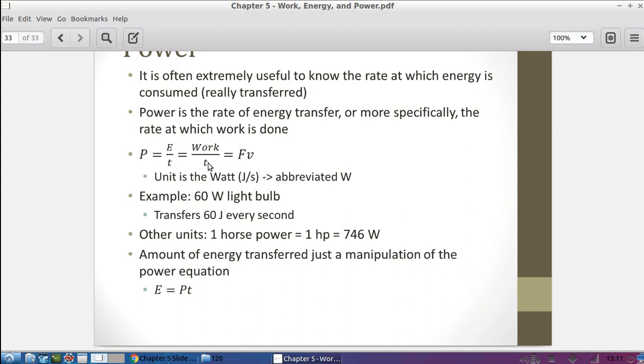Sometimes they might not explicitly give you the time. Look for an opportunity to use either kinematics or Newton's second law, right? If you have the acceleration and you know the system's starting from rest, you could use a kinematics equation or a pair of kinematics equations to find that time, okay? So if you're not given the time, just go back, look at all the quantities you have, and then use kinematics, possibly Newton's second law.